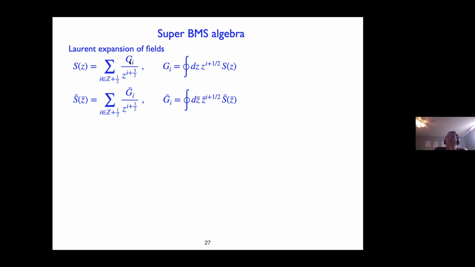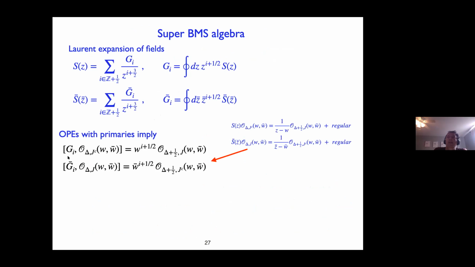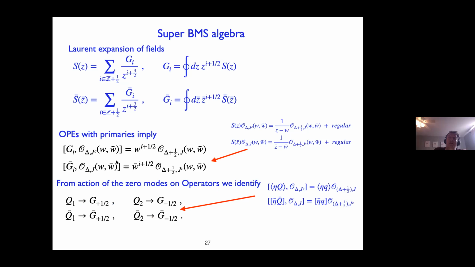We take the supercurrent, we expand it in terms of generators of this type here, and we can check that these generators acting on conformal primary fields have the expected behavior of shifting spins by 1/2, changing the statistics, and of course, they have some term that depends on the coordinates of the celestial sphere. The zero modes of these are nothing else but the supersymmetry generators I discussed earlier, starting from the conformal primary wave function. So the zero modes are exactly supersymmetries.